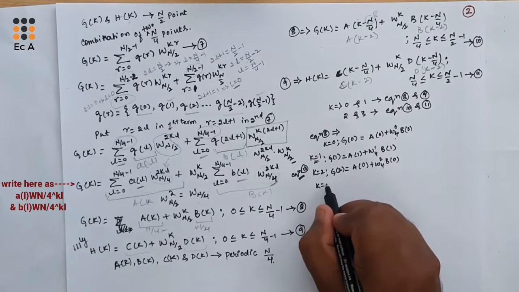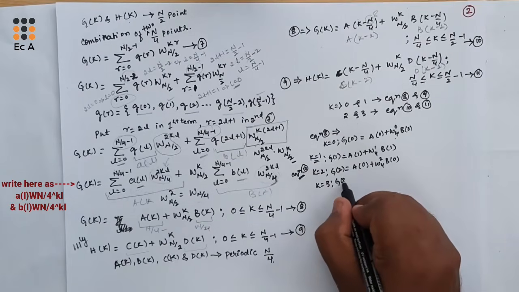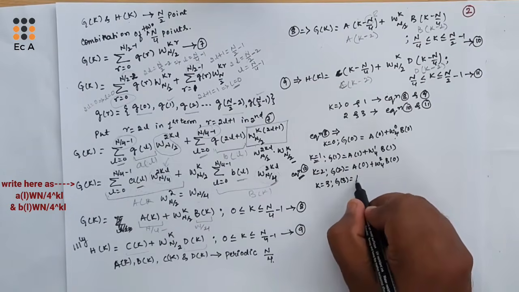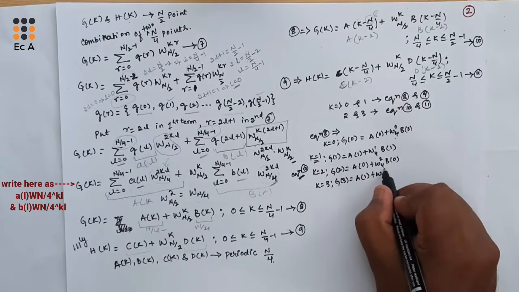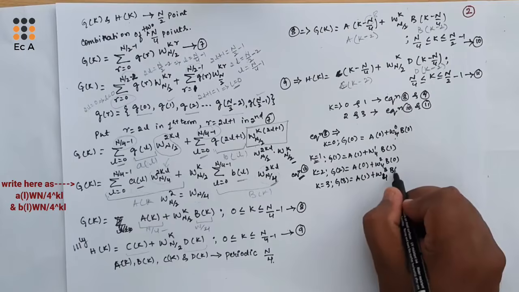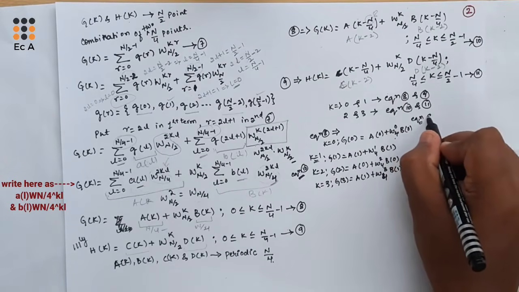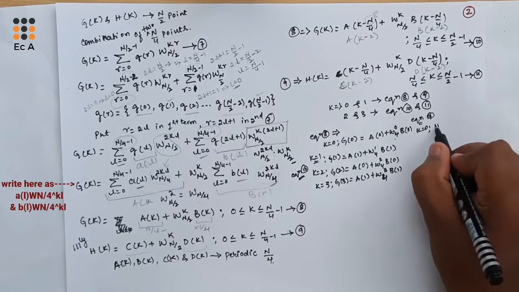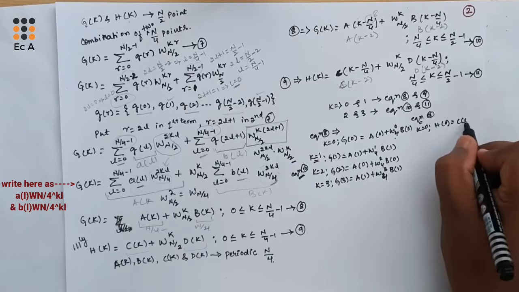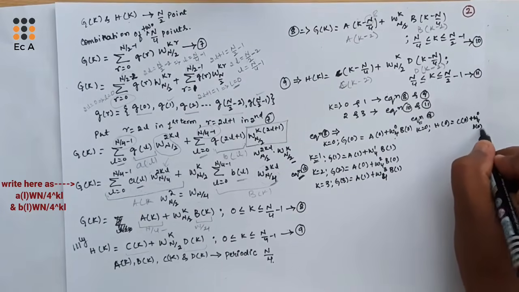If you put k is equal to 3, at that case g of 3 will be equal to a of 1 plus w4 to the power of 3, b of 1. In equation number 9, if you put k is equal to 0, it will be h of 0 is equal to c of 0 plus w4 to the power of 0, d of 0.